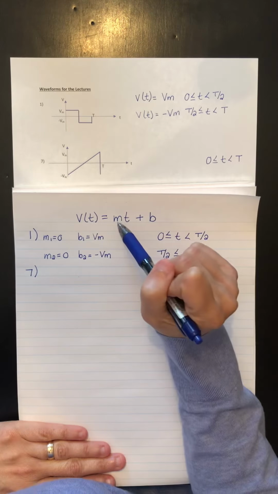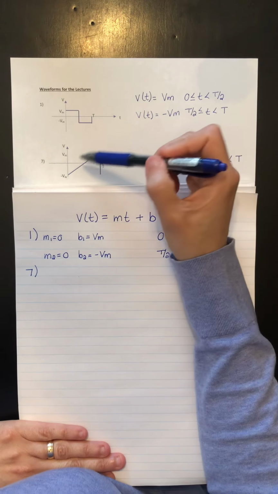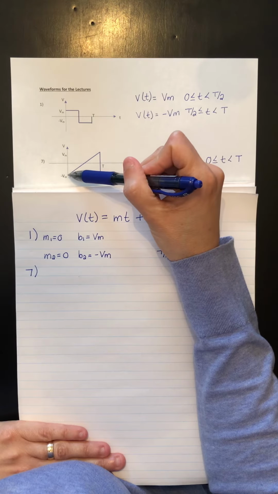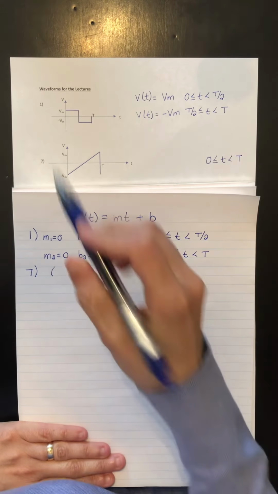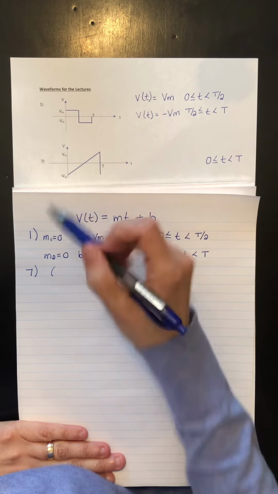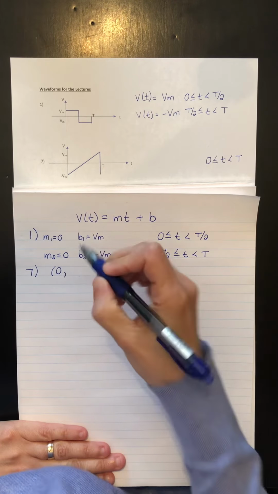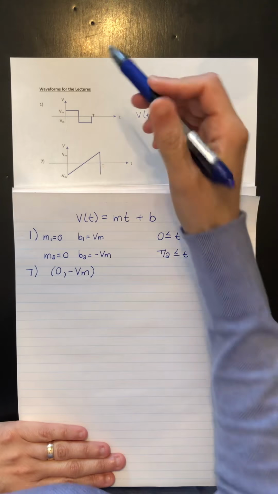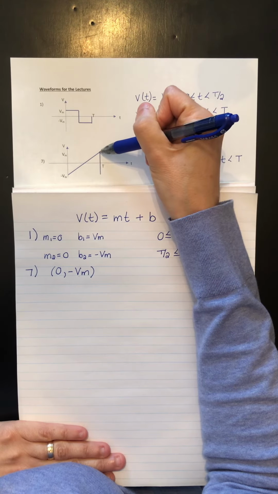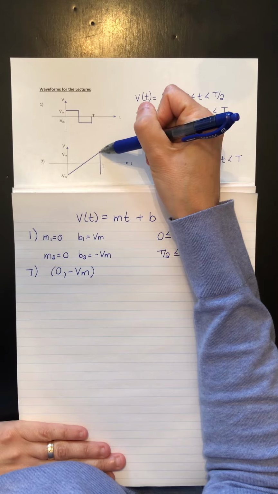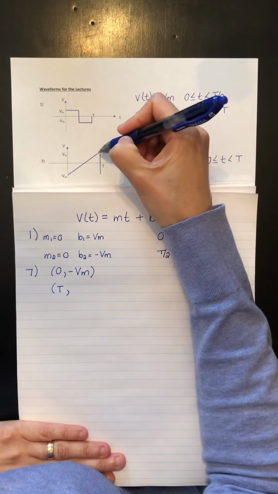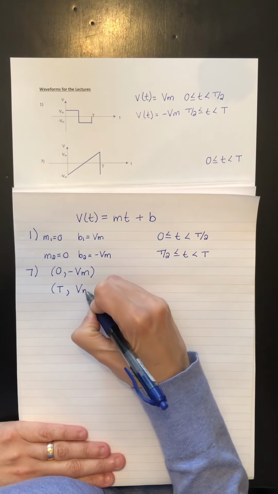Okay, for M, you might want to do this by taking 2 points on the line. For example, this point right here has time 0 and voltage negative V max. While this point up here will have time capital T and voltage positive V max.